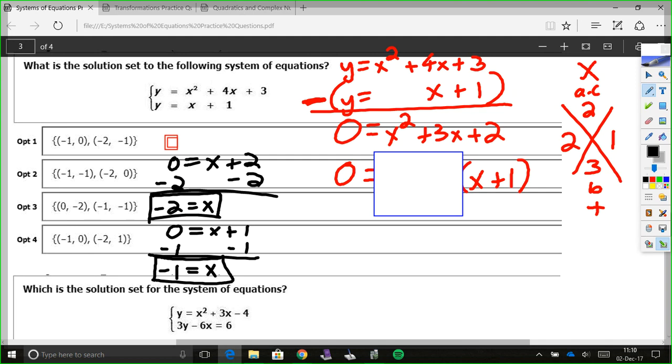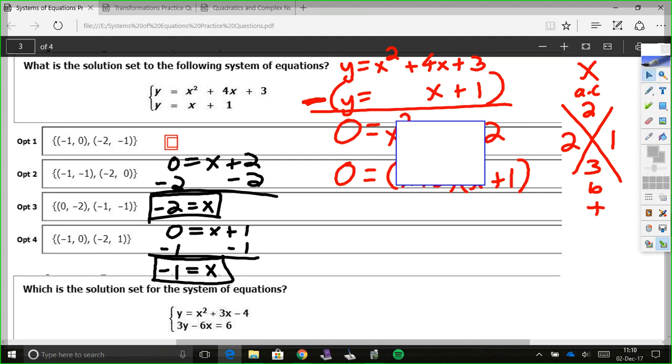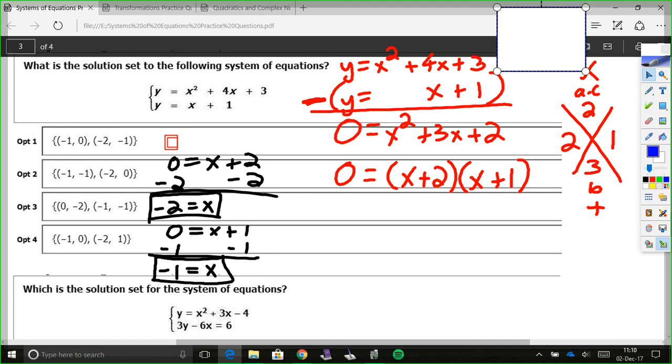So now what I'm going to do is first get this rectangle out of my way. And now I'm going to plug these numbers into one of the equations. It doesn't matter if I plug it into the first equation, the quadratic, or if I plug it into the second equation, the linear one.